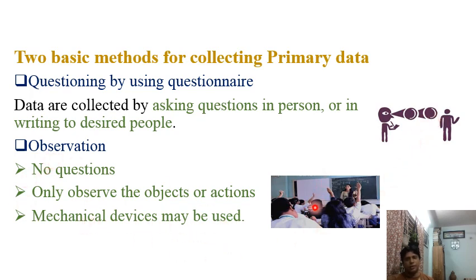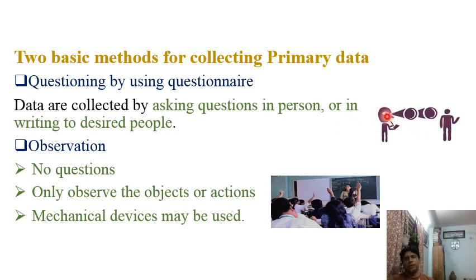In these two pictures, it is a traditional classroom, and the teacher, the researcher, is asking various questions to them. This method is called questioning, and this one is observing. These people observe.